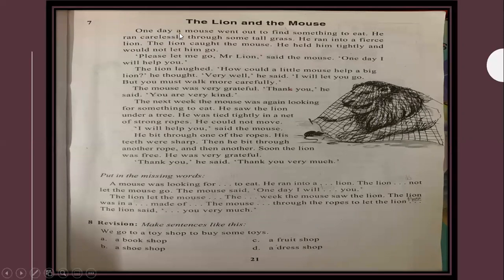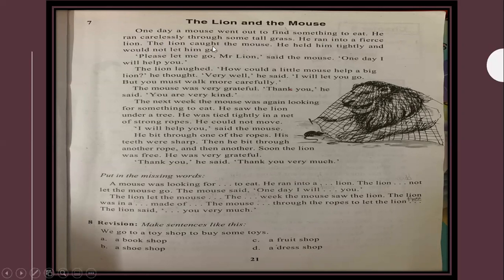One day, a mouse went out to find something to eat. He ran carelessly through some tall grass. He ran into a fierce lion. Fierce means very strong or dangerous, wild animal, because lion is a wild animal, you can say fierce lion.